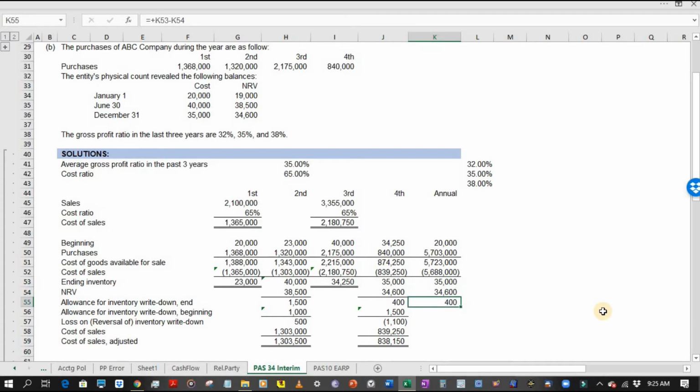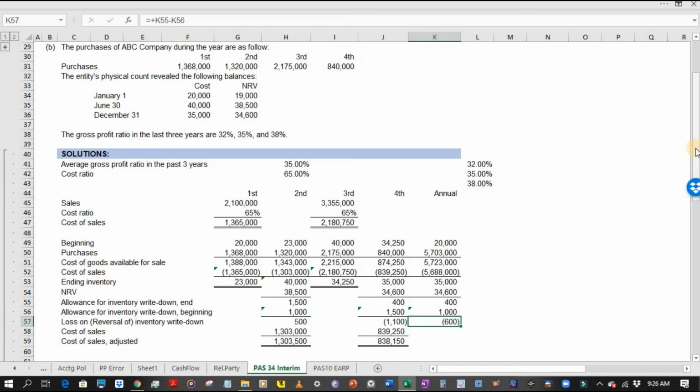Now we are going to get the change in the inventory write down. Since this is the annual reporting, the starting balance of the allowance for inventory write-down for the year, of course, starts on January 1. The January 1 balance of the allowance for inventory write-down is 1,000 pesos, which is the difference between the 20,000 pesos and 19,000 pesos. So for the year, the inventory write-down has decreased by 600 pesos. So this is a reversal.